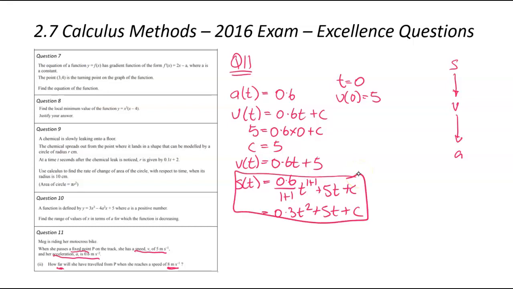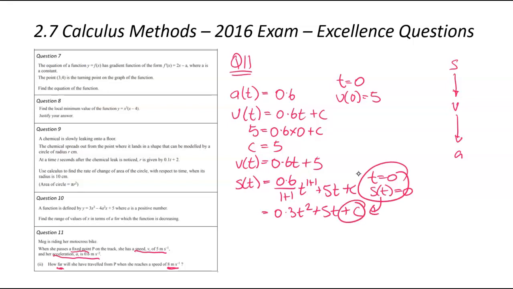This equation here, if you remember, is about distance. So if 0 seconds have passed, how much have you traveled? In this case, the displacement will be equal to 0 because you can't travel anything if no time has passed. So you are where you are. So we're going to substitute both of these in to find that c value.